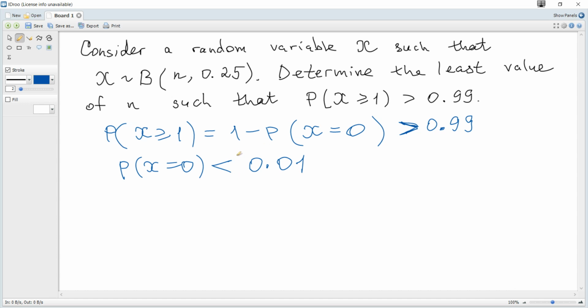Notice that there are n events, and the probability X is equal to 0 means that the probability of a wanted event is 0.25, and it means that all n events are unwanted with probability 0.75.